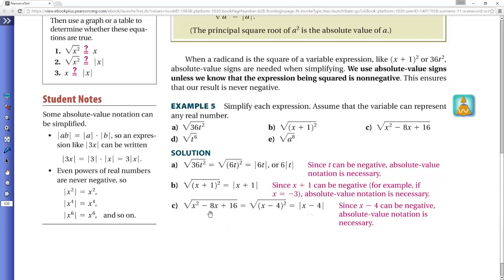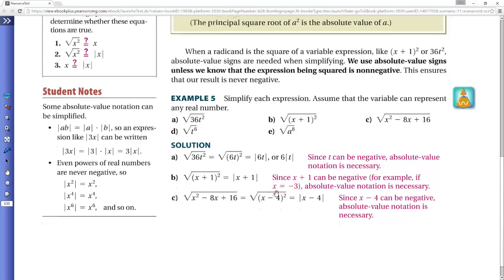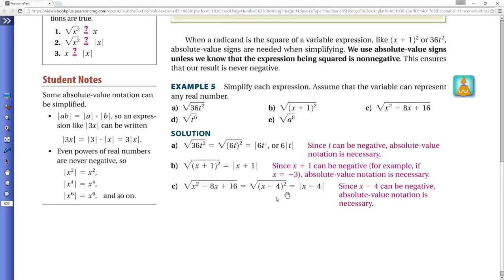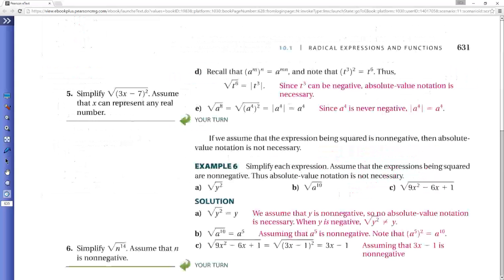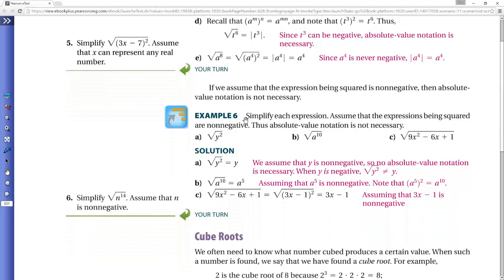So pretty important to note here, this absolute value deal we've had in the last chapter, where we were working with how do I solve things with absolute values in it. So they show a lot of different examples here of how that would come out.